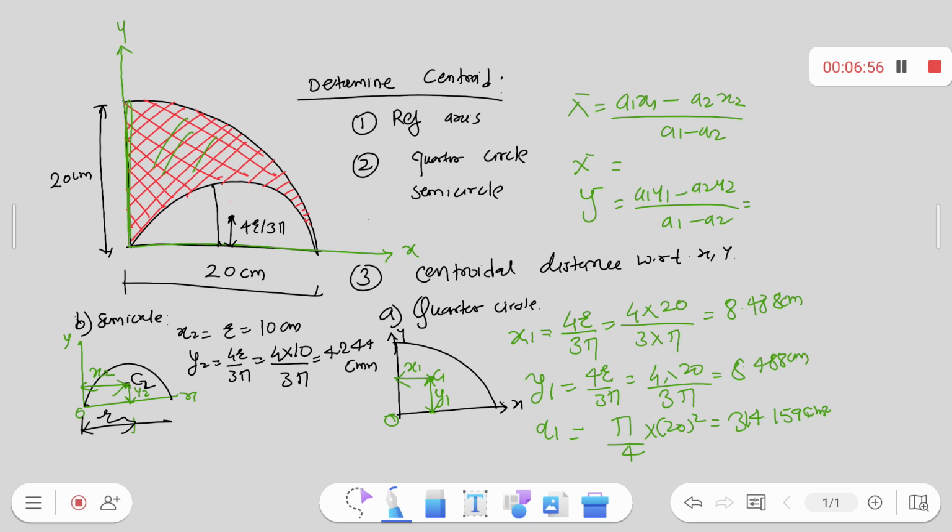Putting all the values, x bar is 6.98 centimeter and y bar is 1.74 centimeter. Thank you.